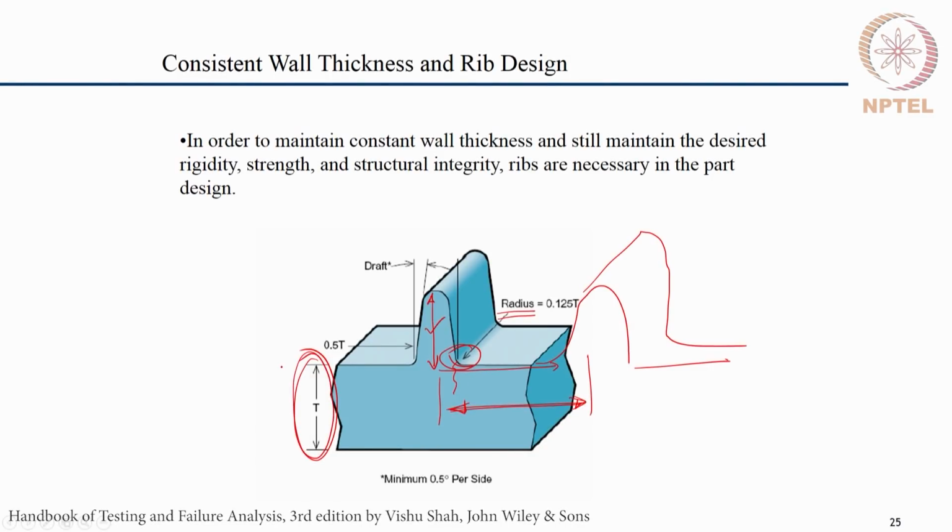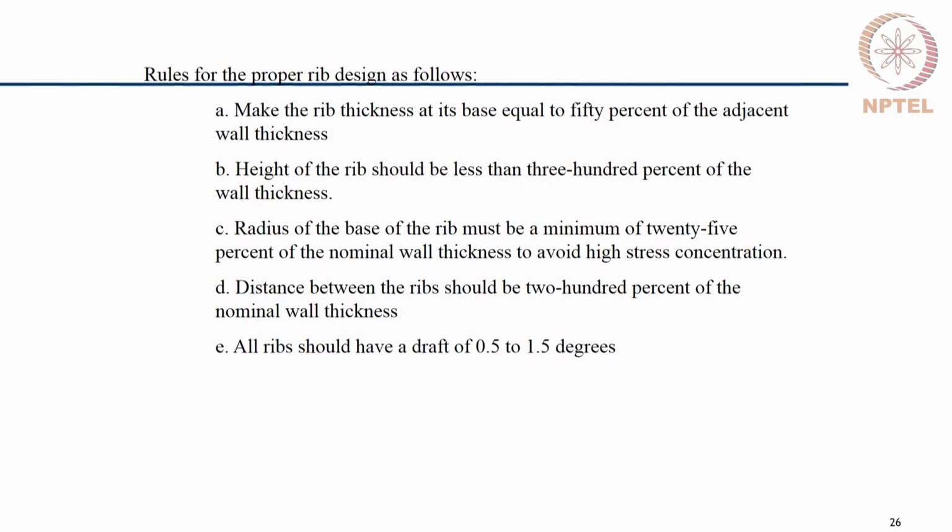the nominal wall thickness. So, there are guidelines to this, like the rib thickness is 50% of the adjacent wall thickness. The height of the rib should be less than 300% of the wall thickness.